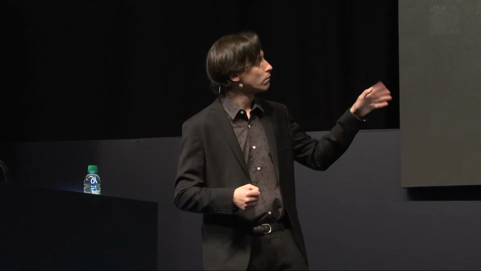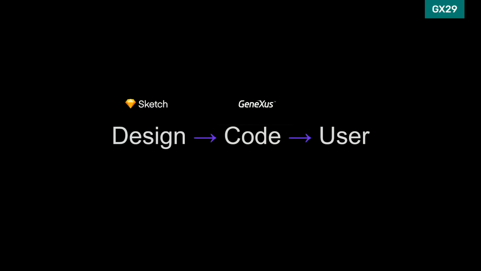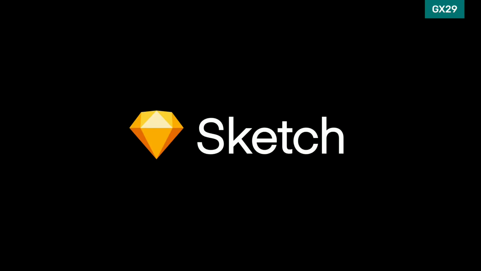It made things simpler and with fewer tools. Adobe came in later. It has several advantages. It's for Windows, it's free, and so it's taken a fair share of the market, and we'll consider it for the future. For the time being, the flow that we propose is design in Sketch, code in GeneXus, and you get to the user.